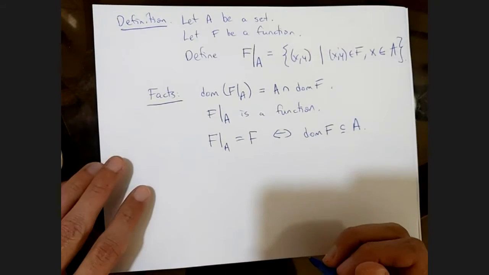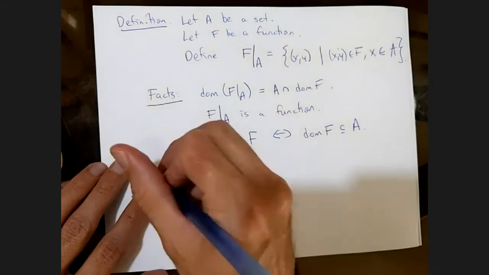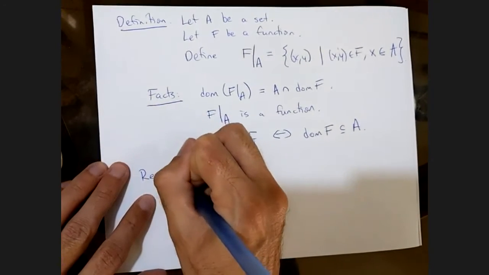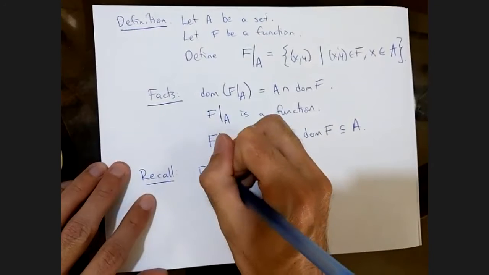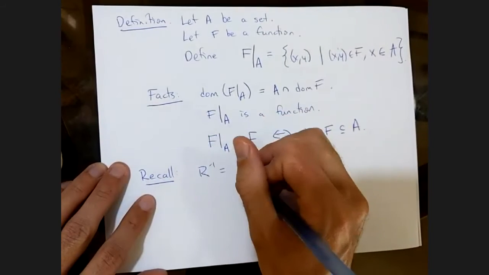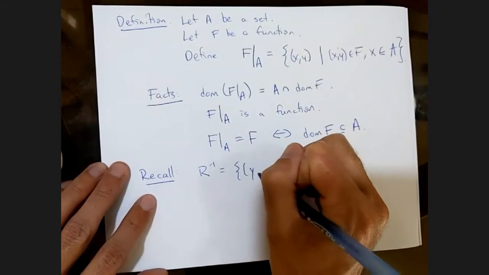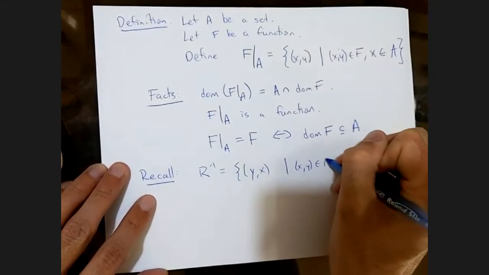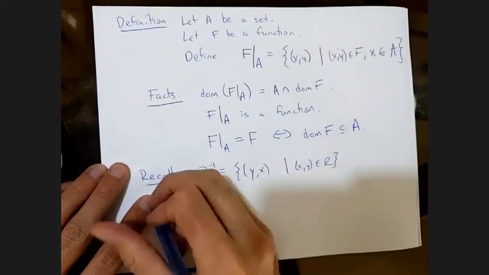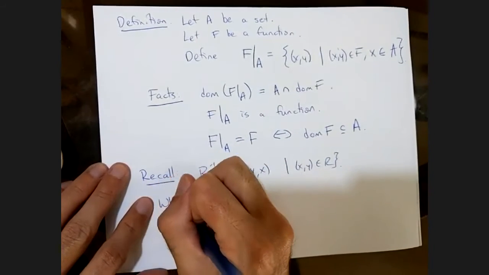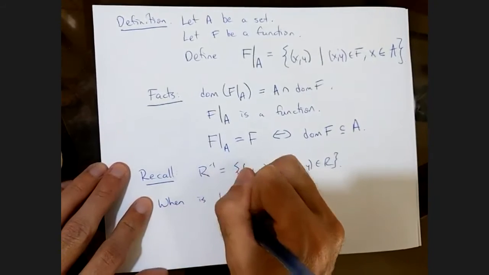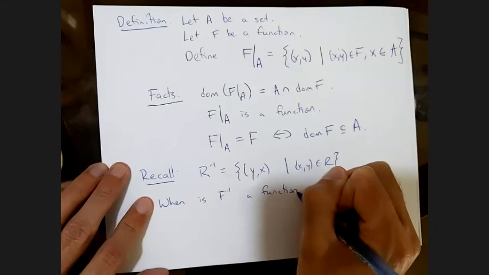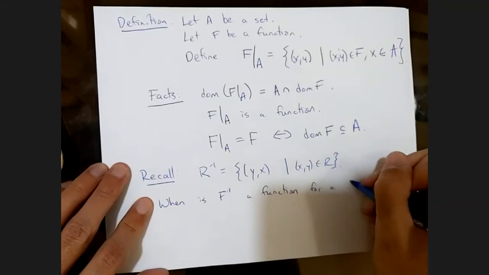Okay, and the last thing we'll talk about today is, well, remember the definition of R inverse is just those pairs (y, x) such that (x, y) is in R. So we can ask, when is F inverse a function, for a function F?